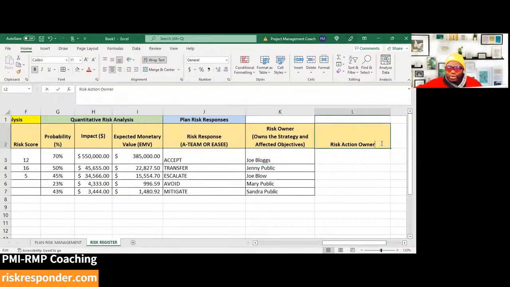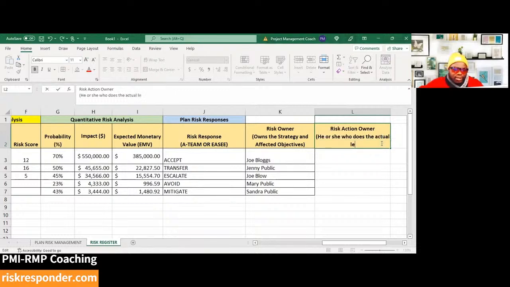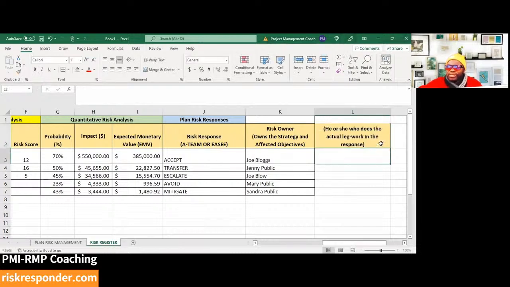The risk action owner is the person, he or she, who does the actual legwork in the response.